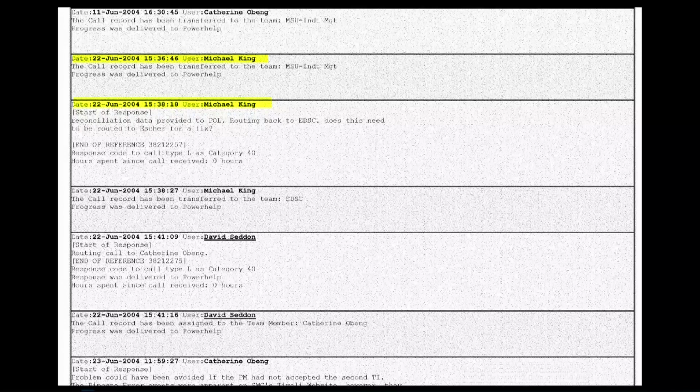Does this need to be routed to Isha for a fix? From this record, can you see whether any action had been taken to progress any fix by Fujitsu with Isha? Not at that point, because that's Michael King in MSU who had informed Post Office via BIMS, and now he's routing the call back to EDSC, which is SSC.